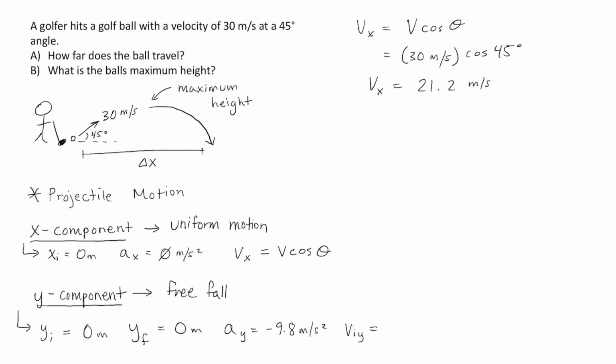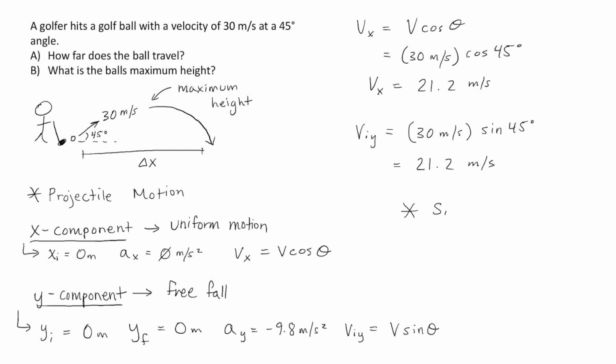So Viy is equal to v sine theta. And all we have to do is plug in our values, and we find that Viy is equal to 21.2 meters per second. Now the x component and the y component of velocity are not always the same in projectile motion. That just happened here because we're dealing with a 45-degree angle.